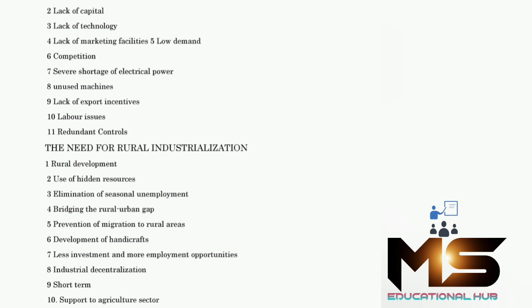Then the need for rural industrialization. What are the needs for rural industrialization? Rural development, use of hidden resources, elimination of seasonal unemployment, bridging the rural-urban gap, prevention of migration, development of handicrafts, less investment and more employment opportunities, industrial decentralization, short term, support to the agricultural sector.